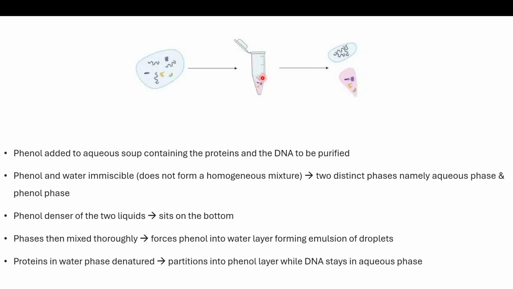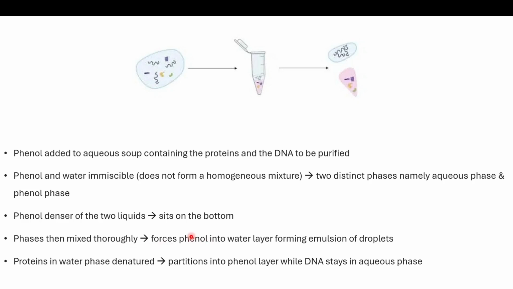One is the aqueous phase containing water, and one is the organic phase containing the phenol. Phenol, being denser of these two liquids, sits at the bottom, and the phases are then mixed by vortexing, which leads to thorough mixing.